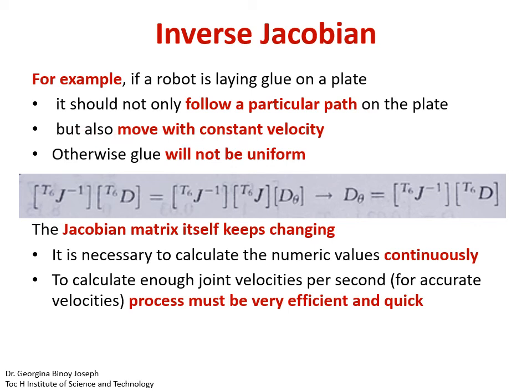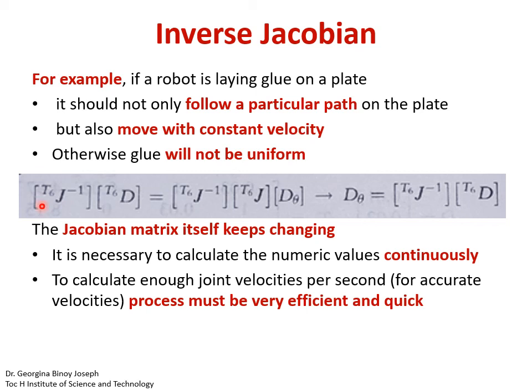Otherwise, at some points on the plate there will be a lot of glue, and at some points there may not be enough glue. So if it does not move with a constant velocity, the glue will not be uniform. We had talked about the path in module 4, and now we are talking about velocities in module 5. So both are important in this particular application.